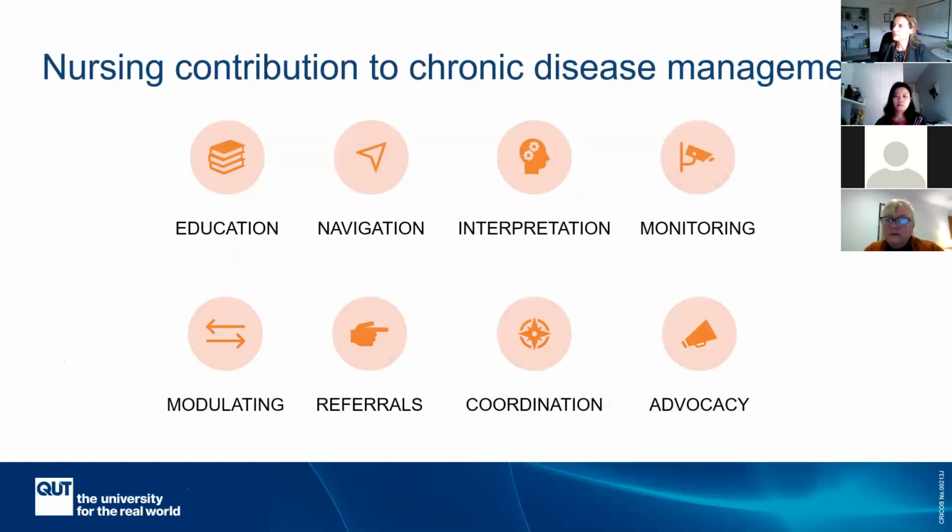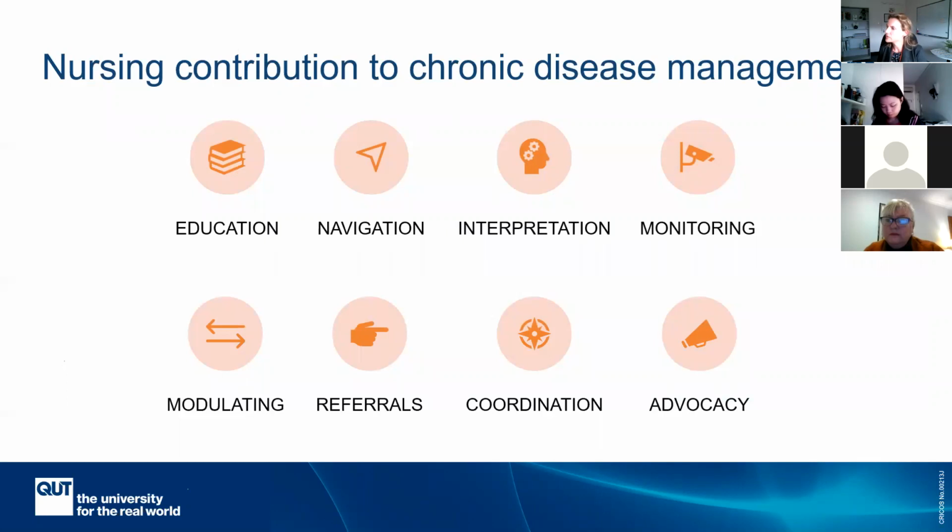So this is generally a slide which talks about some of the ways nurses contribute to chronic disease management. And I'm really interested to know from you, if you look at those different types of ways of doing care, I guess you could call them, is there something you can relate to in your practice?